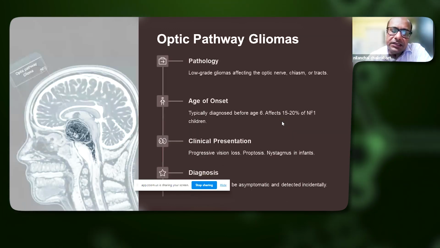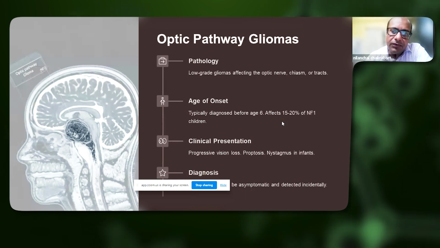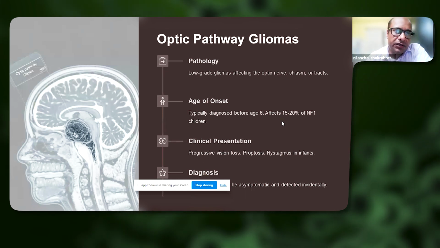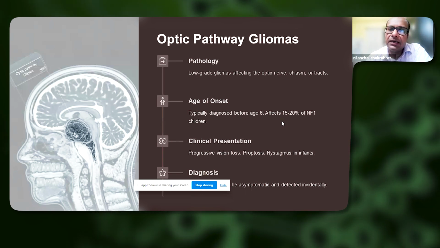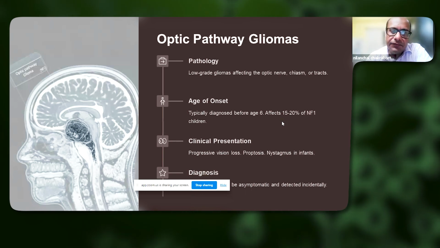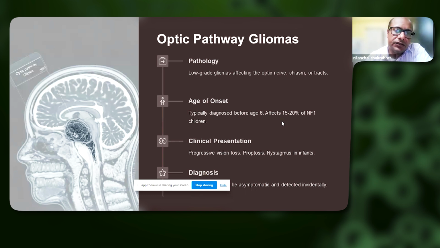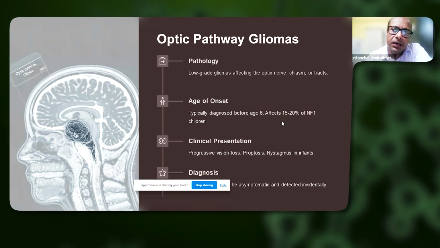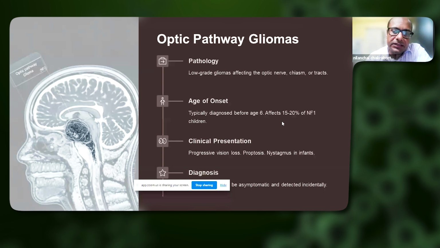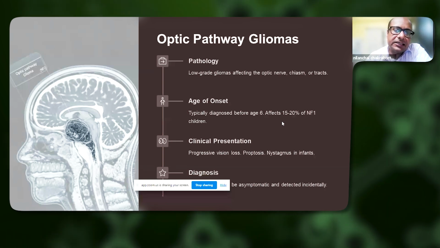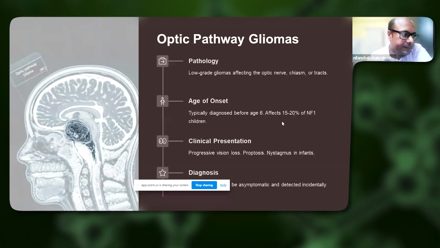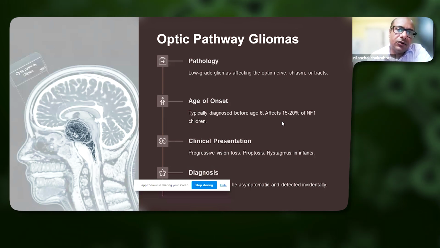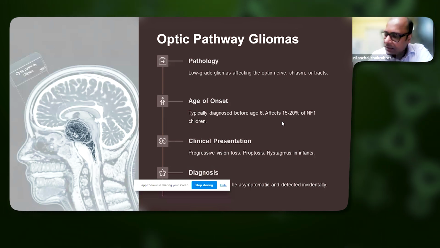Of course, there will be features like the age of onset and other clinical features such as optic pathway glioma. So Lisch nodules and optic pathway glioma go in favor of neurofibromatosis, and skin nevus, seizure, ophthalmologic visual field defect go in favor of Sturge-Weber syndrome.